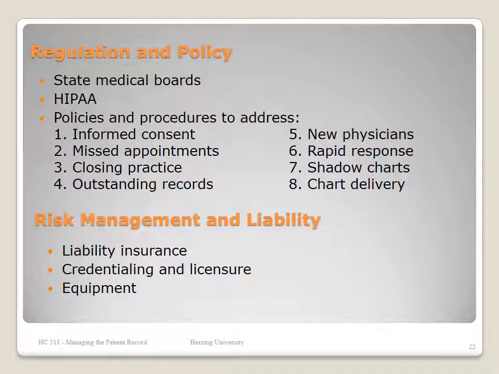This last slide mentions how regulations and policies, as well as risk management, can influence an ambulatory center. There are still state and federal guidelines that need to be followed even for an ambulatory center.